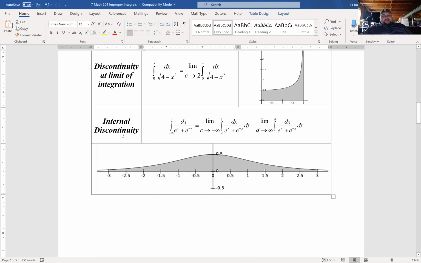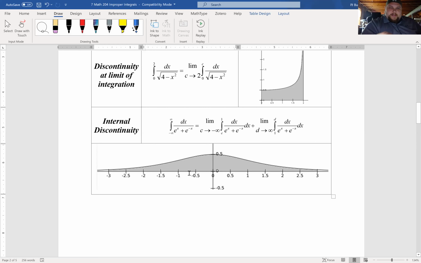This one here says an internal discontinuity, but in fact, this one is that both of these limits cause problems. So let me just give you an example of an internal discontinuity. I could do it with this second one here.